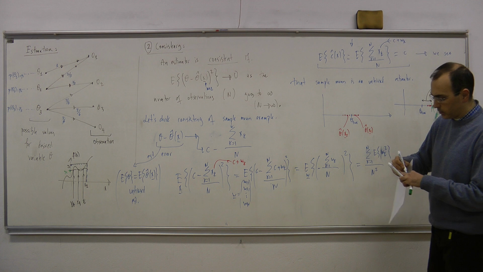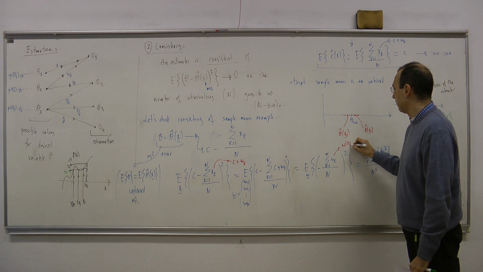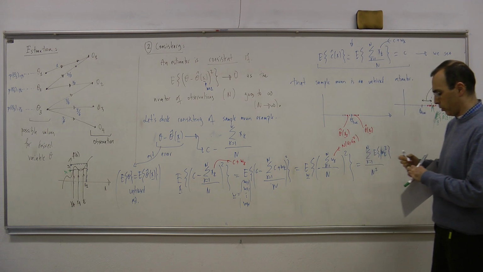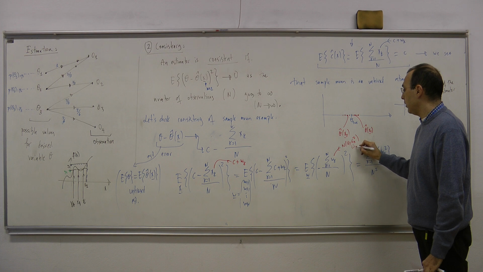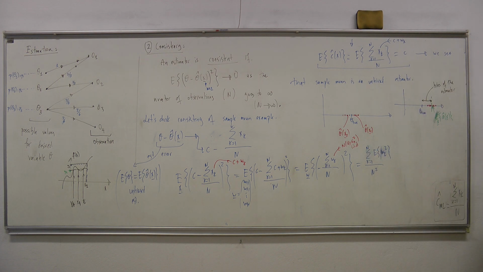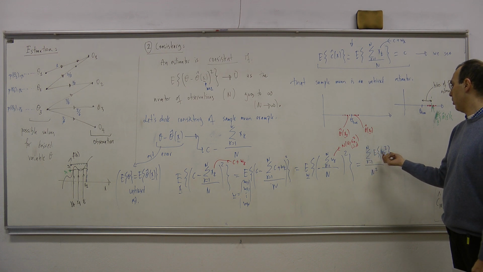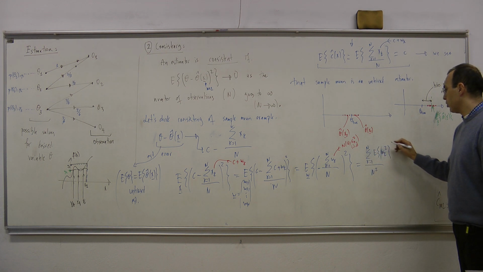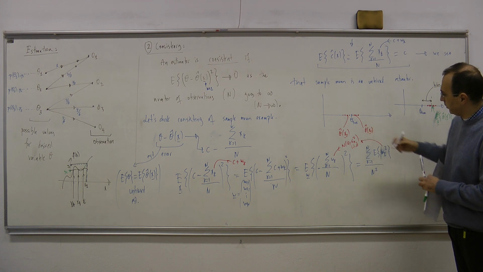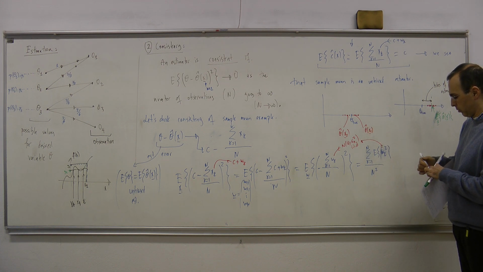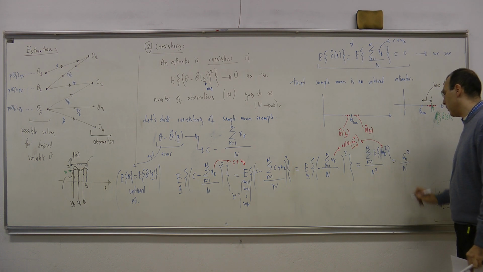But since these are zero mean and IID, all of those cross terms are equal to 0, so I get this. So my final result is sigma n squared over n.